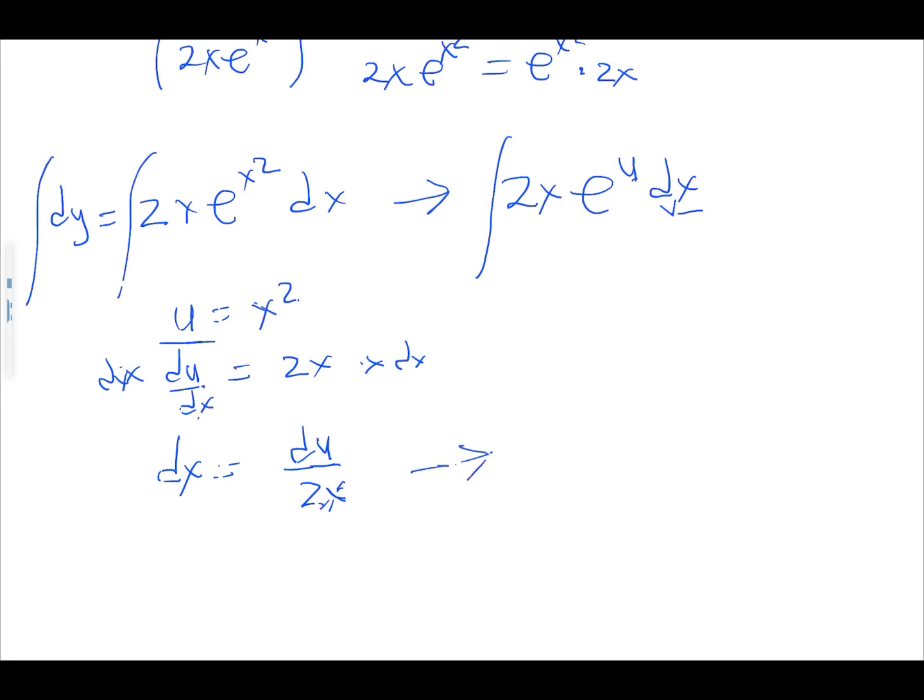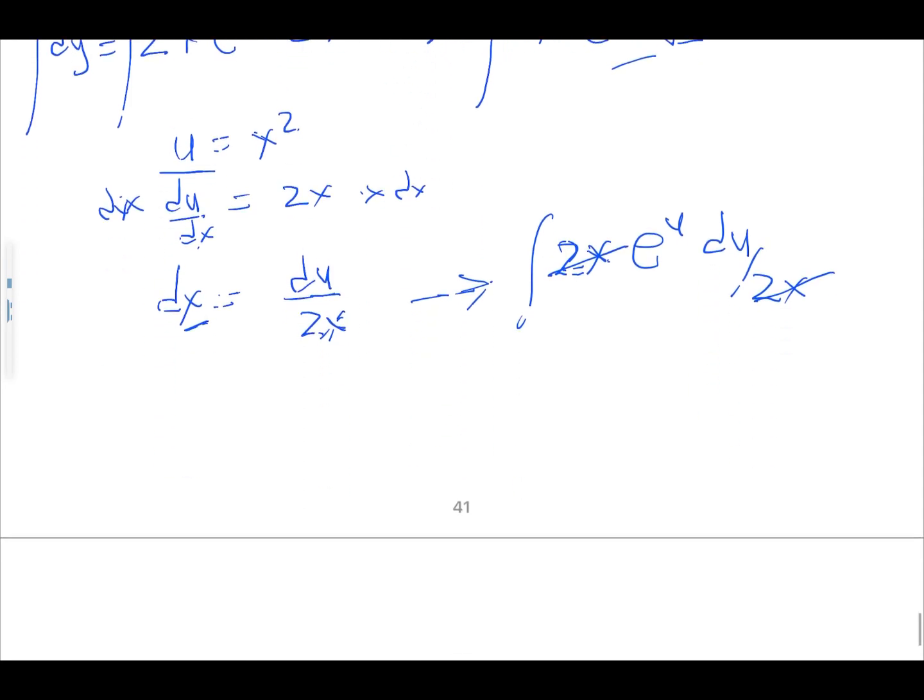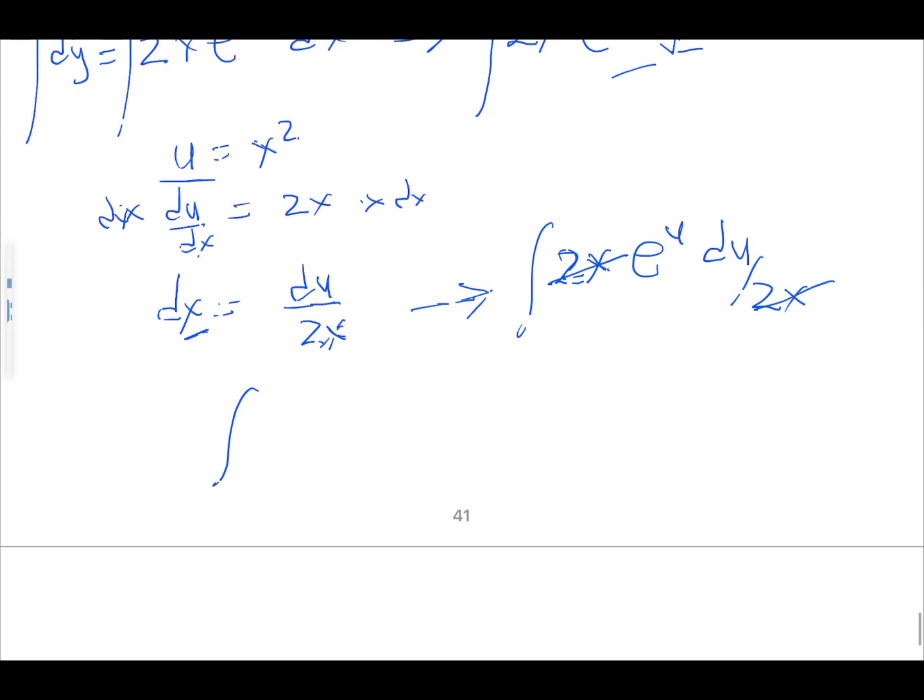You can see that there are common terms, and therefore they cancel out. So at the end of the day, we are going to have the integral of e to the u du.